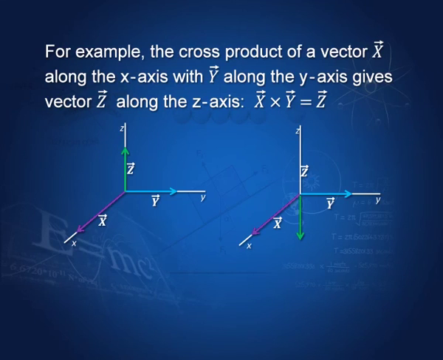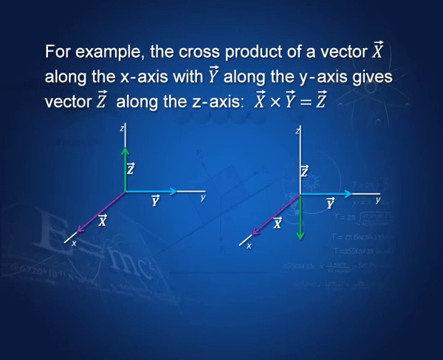You can also see that if I reverse the order, that is, if I multiply vector y by vector x, then I have to rotate from y to x, and you can see that the imaginary screw advances downwards.